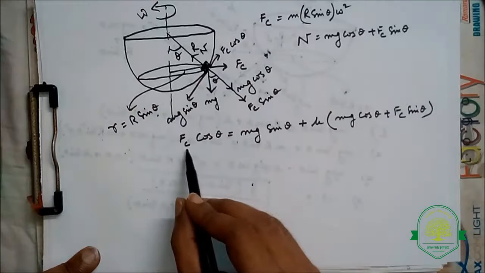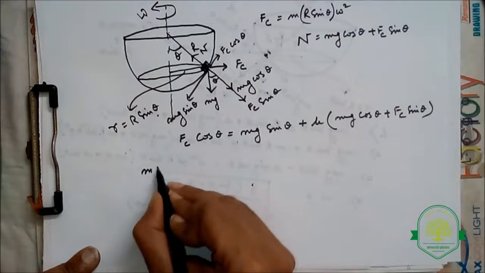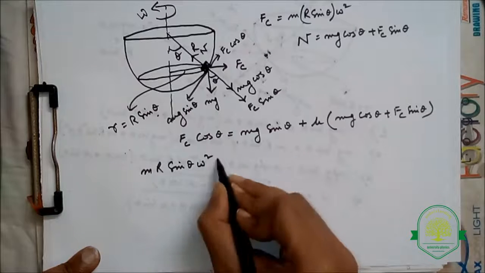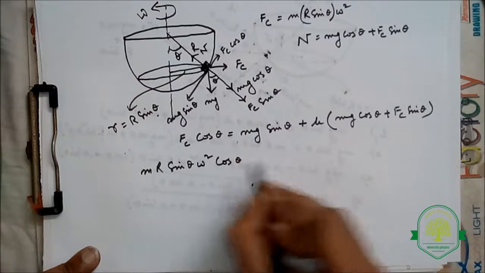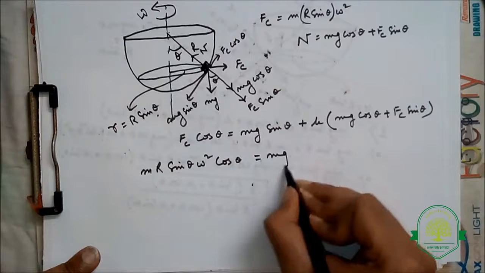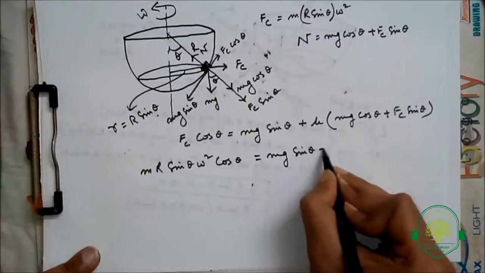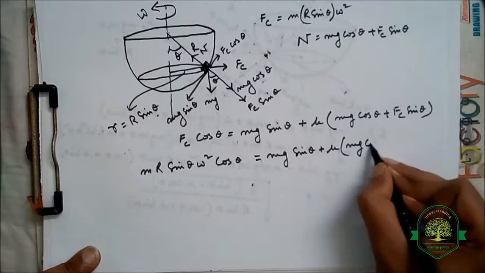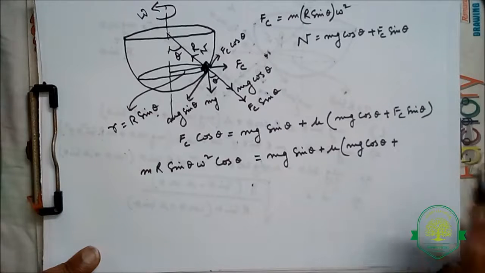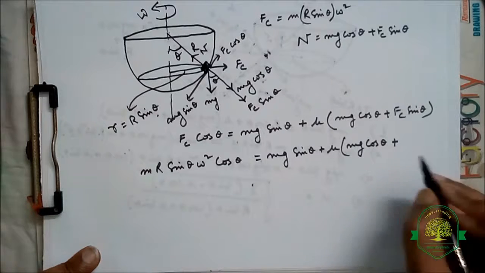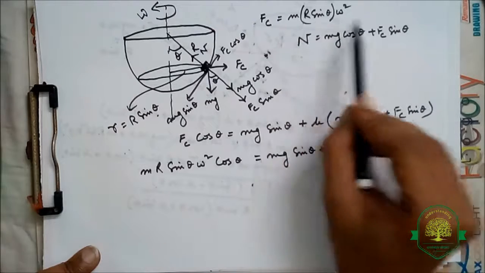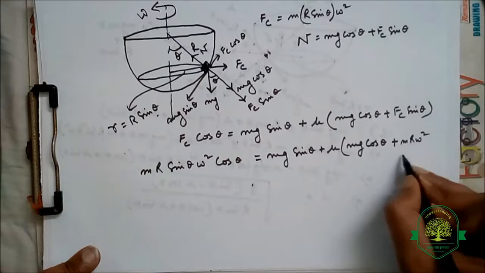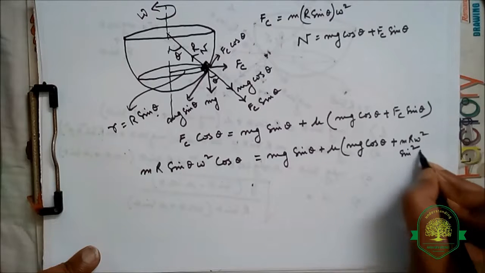We'll substitute the expression for Fc. Fc is just m r sine theta omega squared. There's a cos theta, equals mg sine theta plus mu times mg cos theta plus Fc sine theta. Fc is just m r sine theta omega squared, so we get m r omega squared sine squared theta.